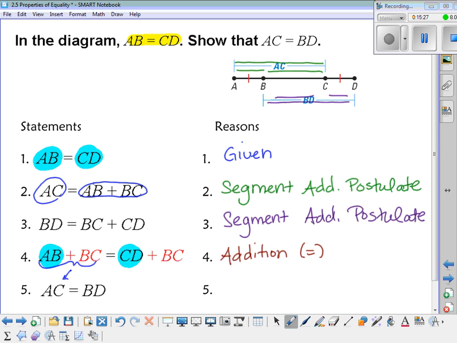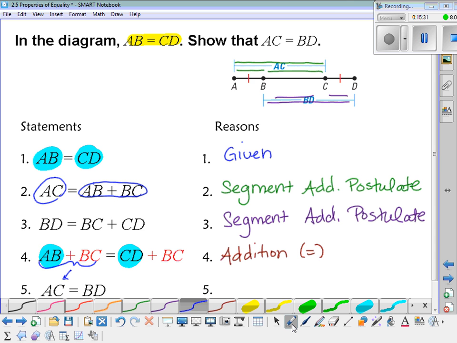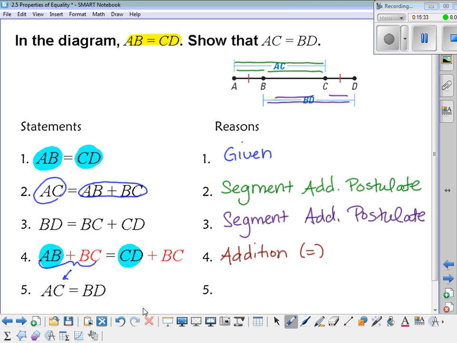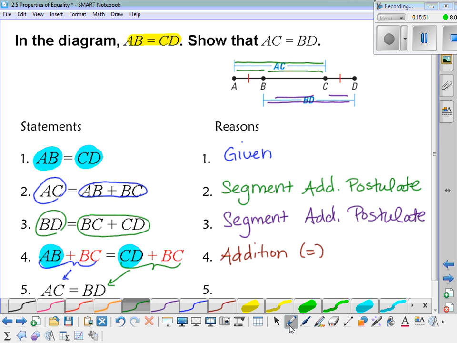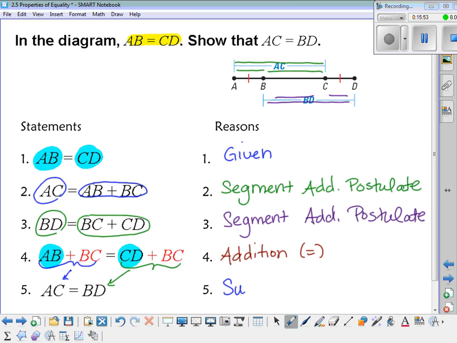So wherever AB plus BC is, I can write AC instead. And if you look at step 3, they had BC plus CD, which is right here. It's just written in the other order, but it's the same thing. And that equals BD. So instead of writing CD plus BC, they wrote BD. So they put something in place of something else. They substituted. That is the substitution property of equality.